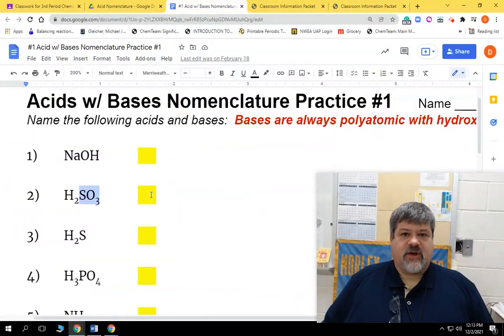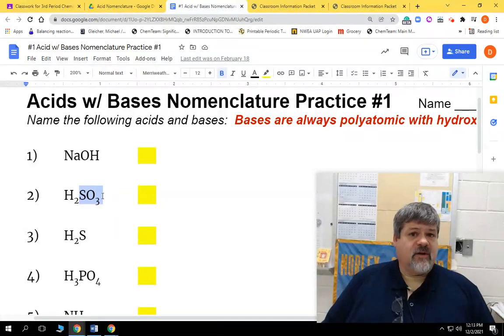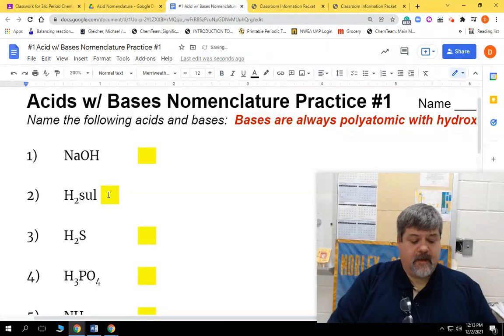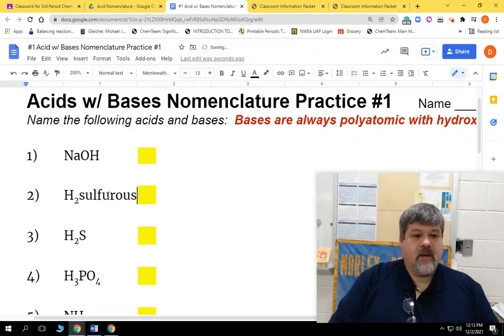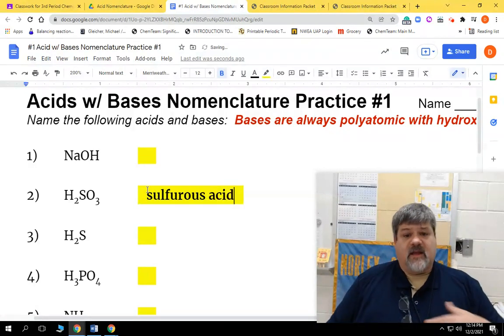And if you remember, ite changes to ous. So sulfite is going to be sulfurous acid. And again, it's that simple.